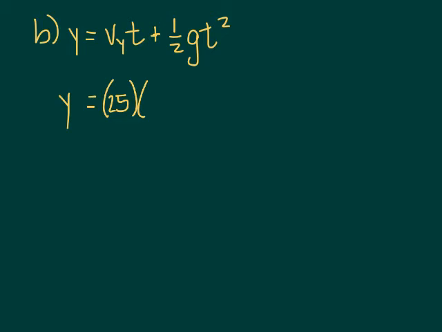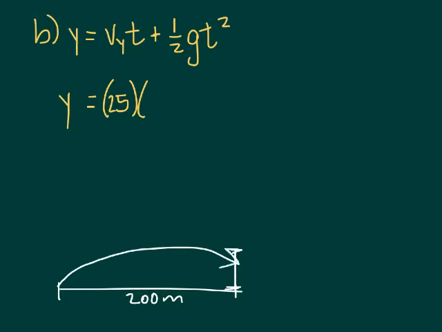And then the time that we're using, because we're looking for the height of the ball after it's traveled those 200 meters, we need to know what that vertical height is at that point. The time we found in part A was to travel all the way across to that vertical area.